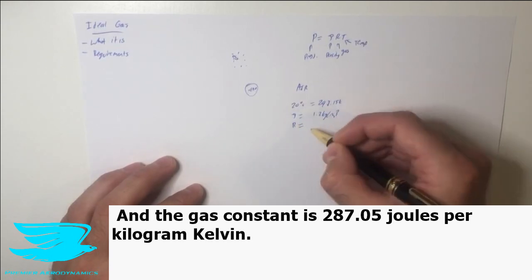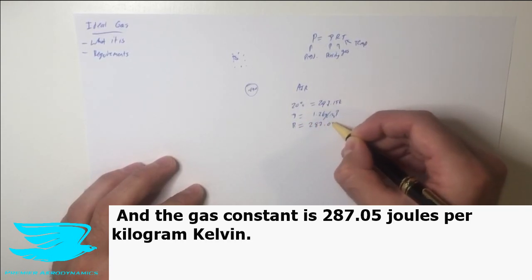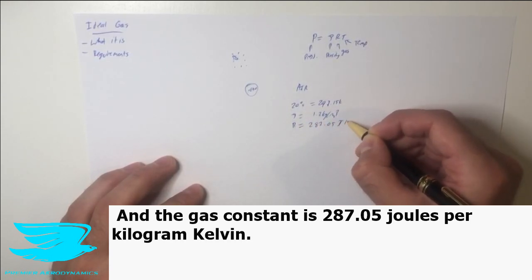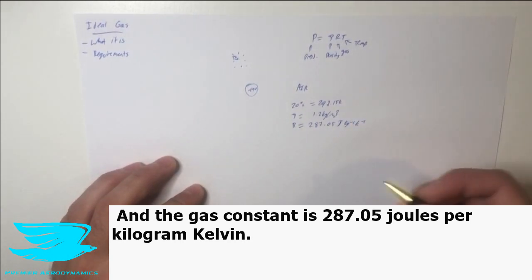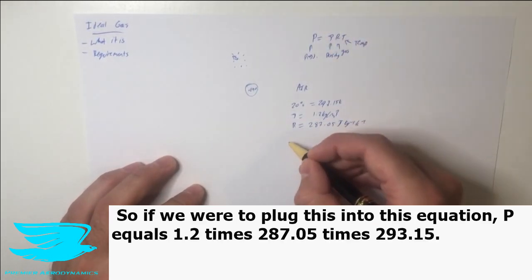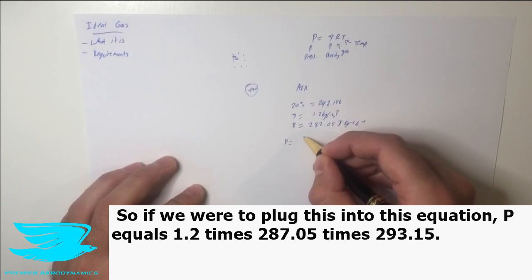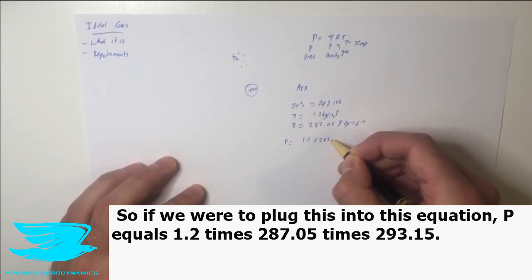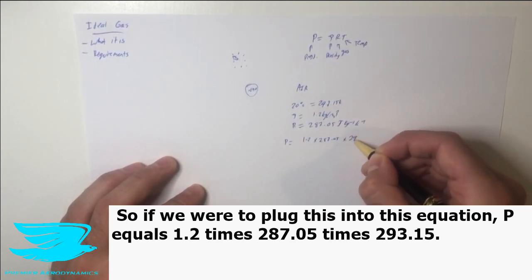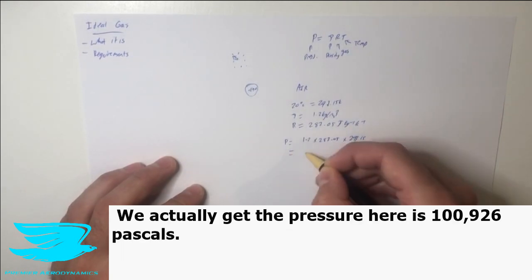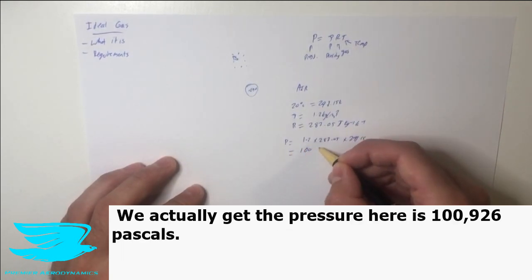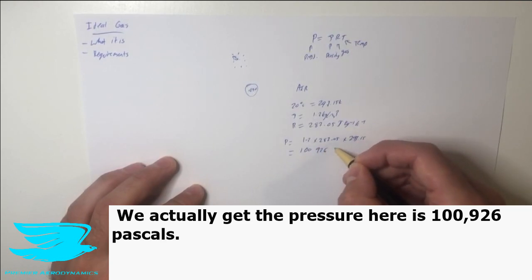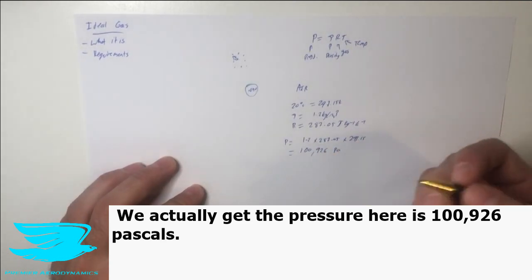And the gas constant is 287.05 joules per kilogram Kelvin. If we plug this into the equation, P equals 1.2 times 287.05 times 293.15, we get a pressure of 100,926 pascals. So that's pretty close.